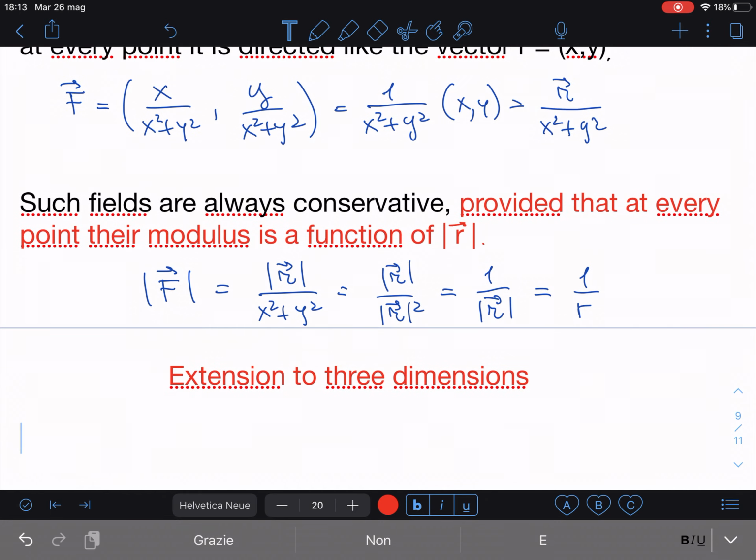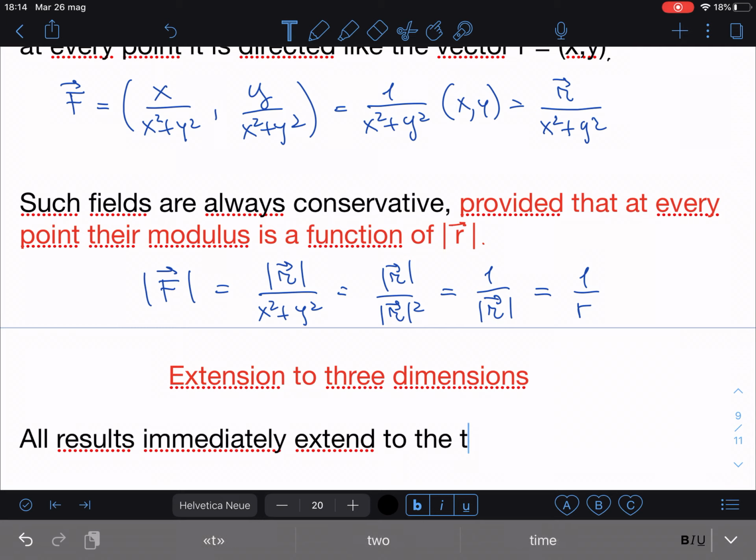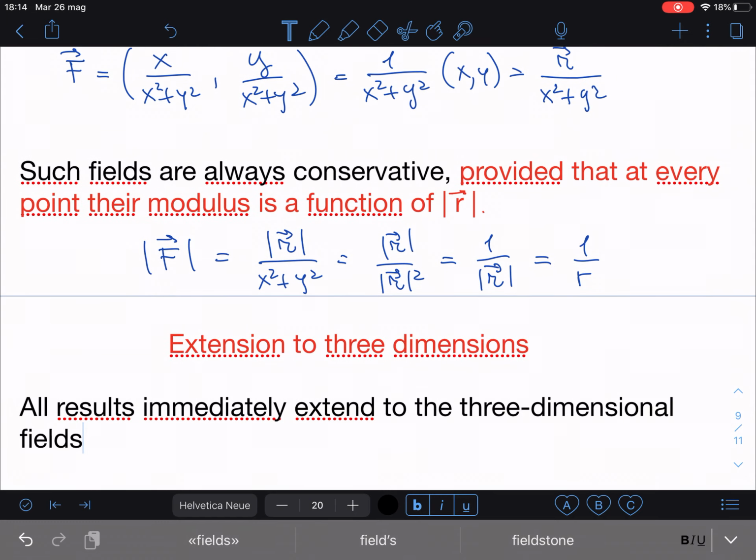So now all results immediately extend to the 3-dimensional case, to 3-dimensional fields. But the only thing that we have to specify is what a hole is.